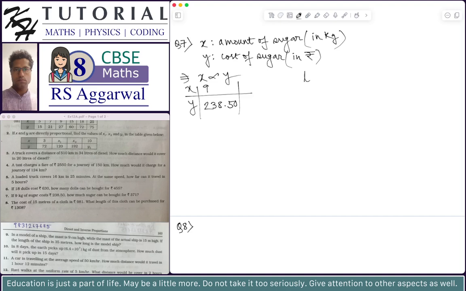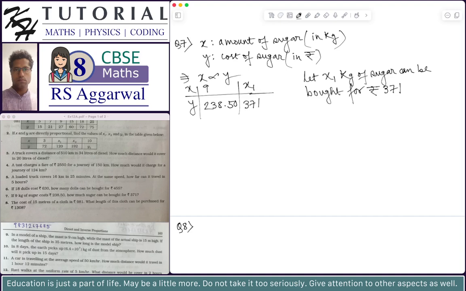So let x1 kg of sugar can be bought for rupees 371. So we can now enter the data x1 and 371 in the table. So x1 goes here and 371.